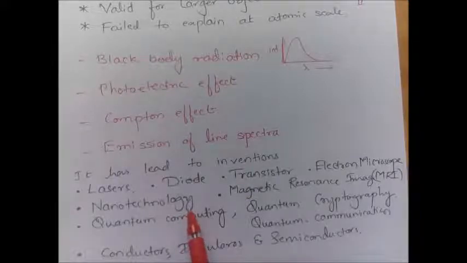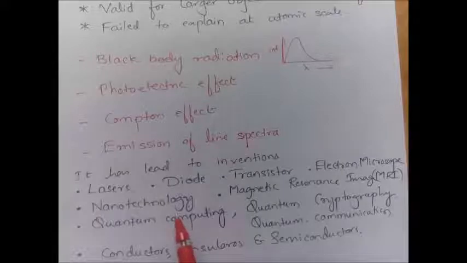At the bulk level, the behavior of the material will be different, and when I take the same material to the nanoscale, its behavior starts changing. For example, gold is yellow in color in the bulk. When I take nanoparticles of gold, the color starts changing. That can only be explained by quantum mechanics.